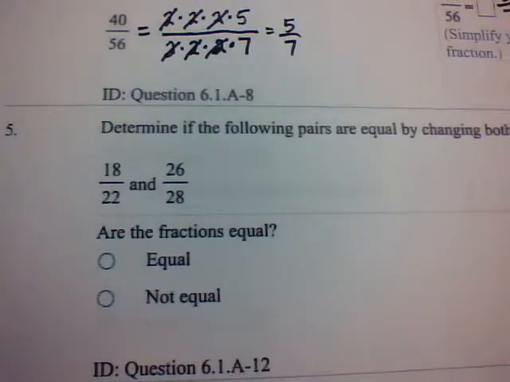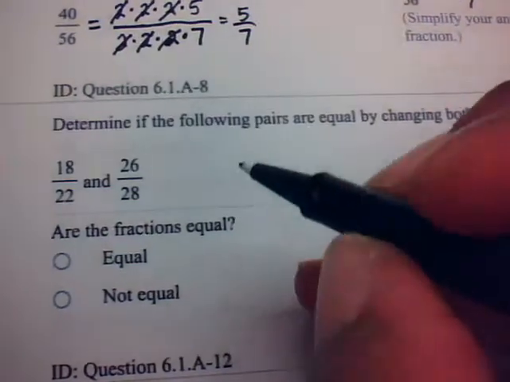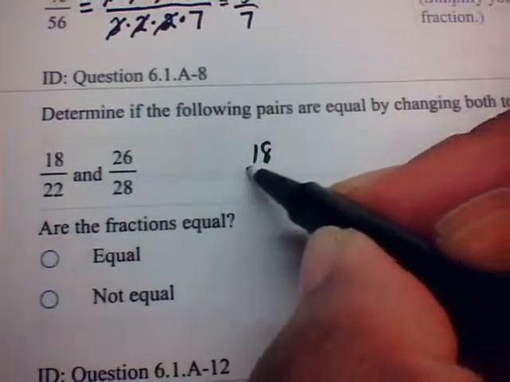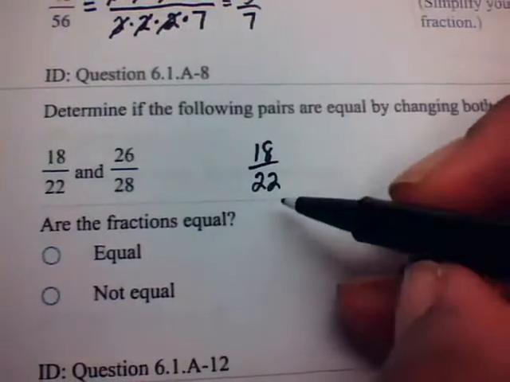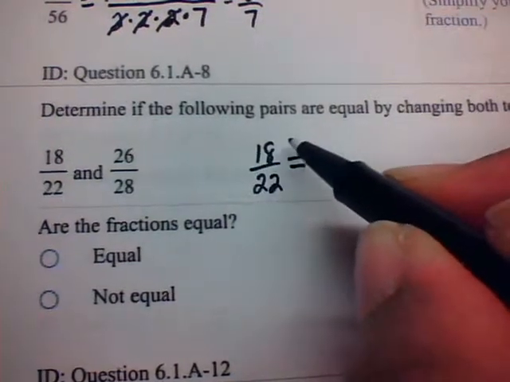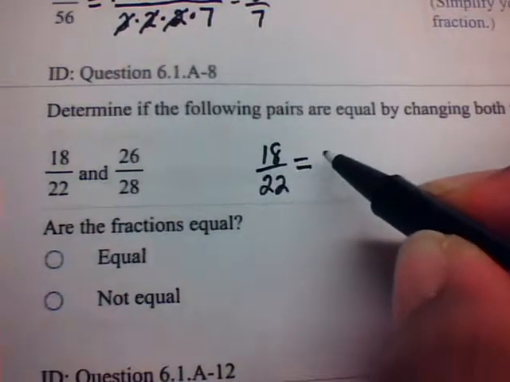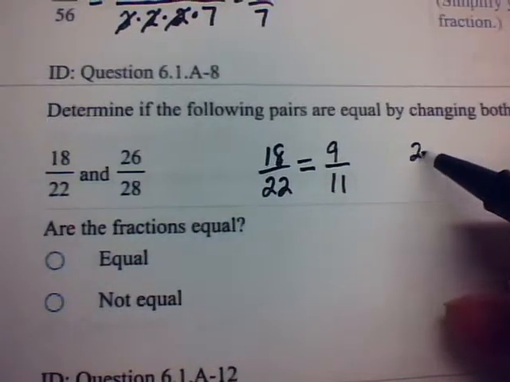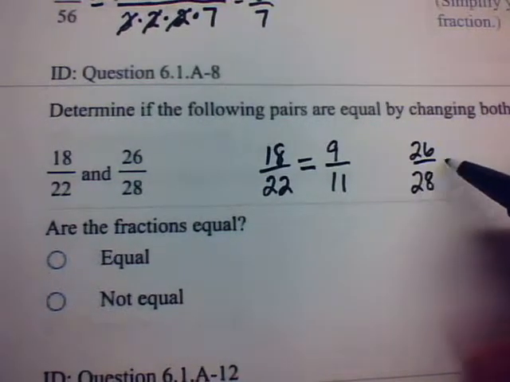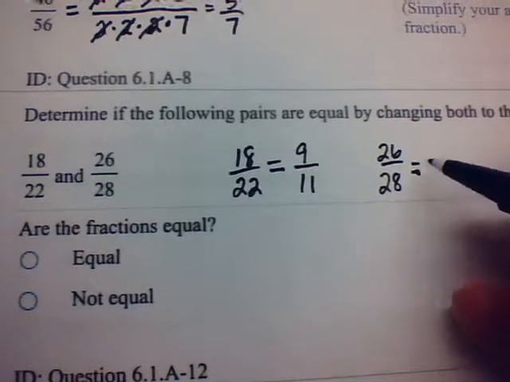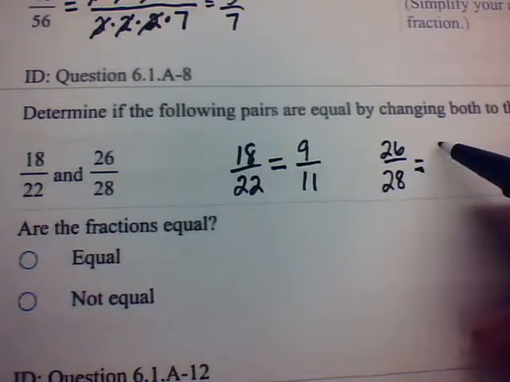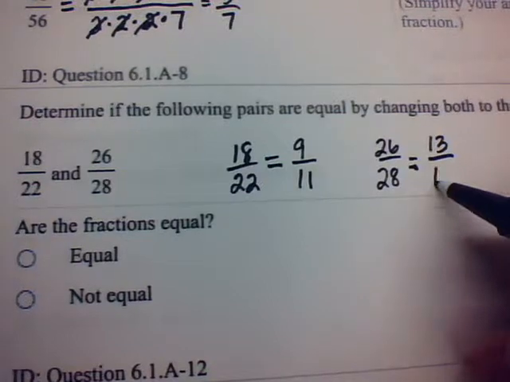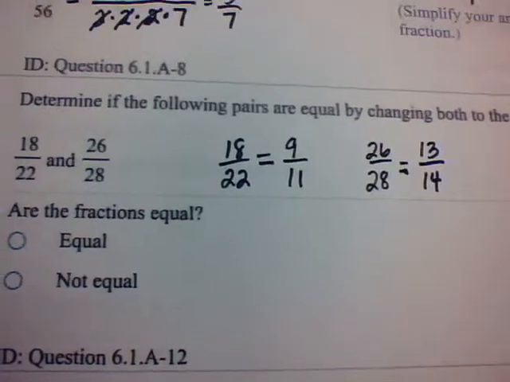Well, first, with 18 over 22, I think I can reduce this, because I know I can divide the numerator and the denominator by 2. That would give me 9 over 11. And 26 over 28, I'm going to reduce that by dividing the numerator and the denominator by 2. That's going to give me 13 over 14.